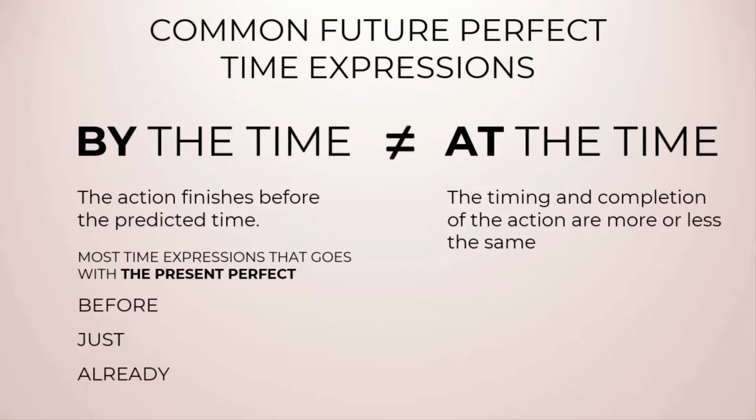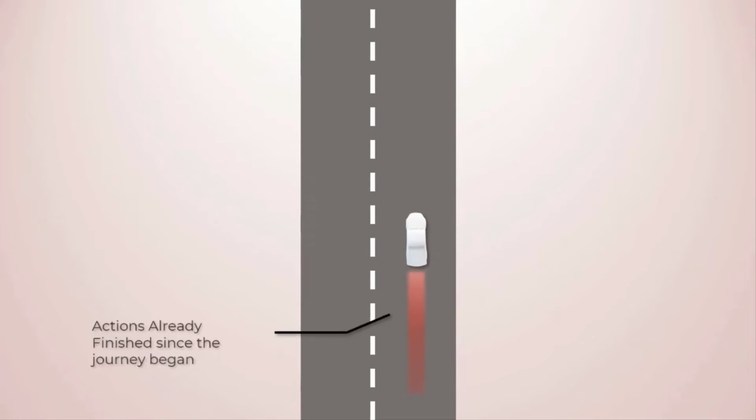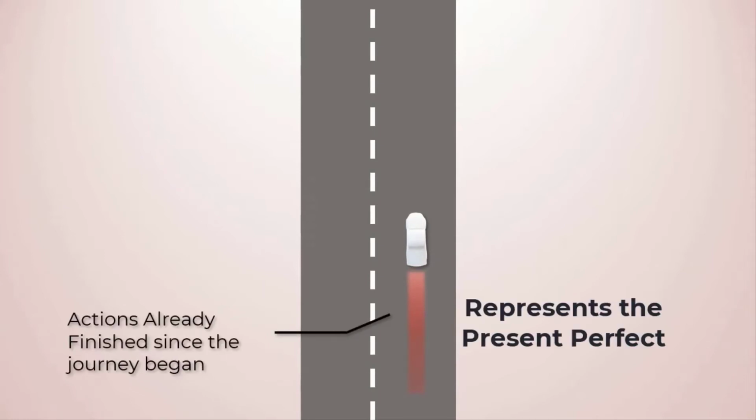Now let's get into the aspects of the future perfect by studying a graphic metaphor. The future perfect is like a traveler on a long drive. The red parts behind the car represent the present perfect aspect. These are the miles that have already been driven.